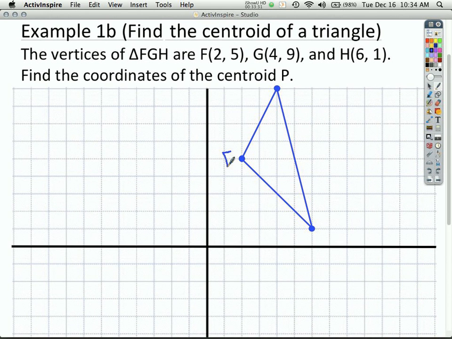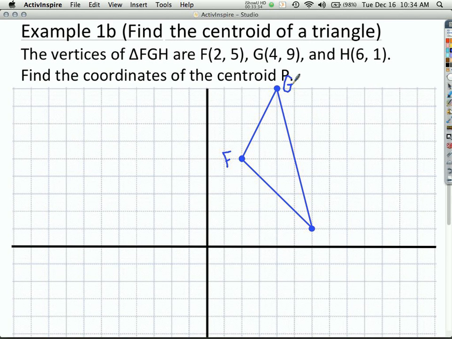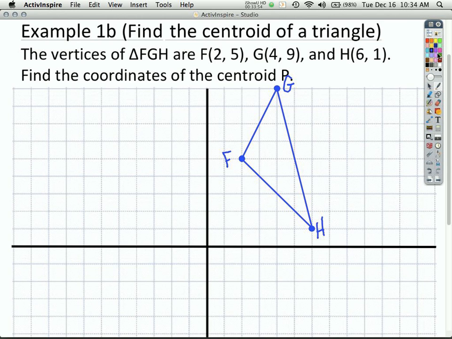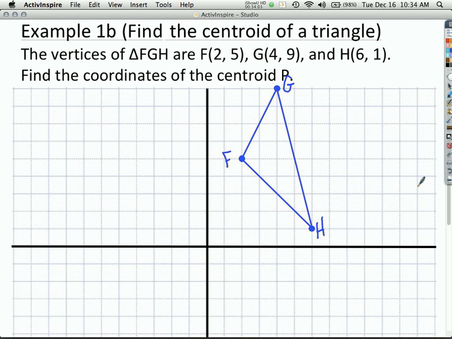So this is F, this is G, and this is H. Okay, so you should have the triangle along with me.